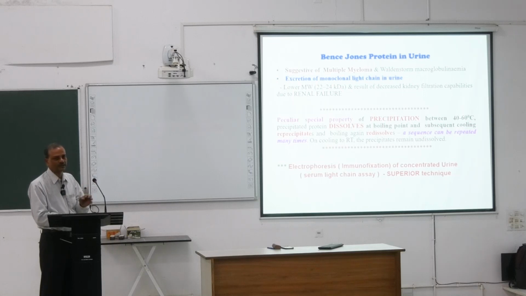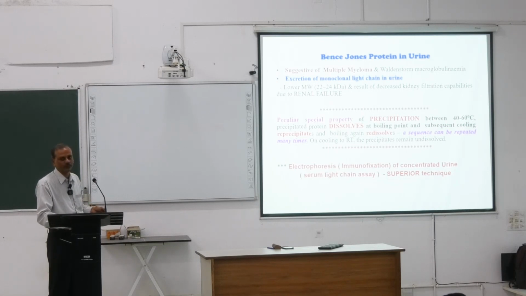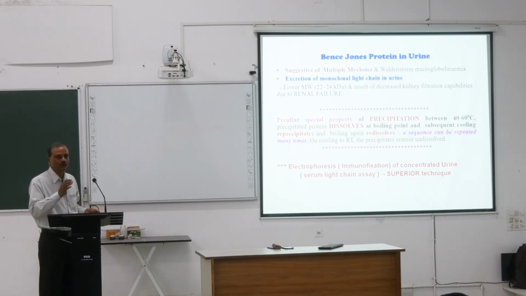Normally, when protein is heated, it coagulates at a high temperature, and once it is coagulated, no renaturation is possible. That is an irreversible process. But here there is a peculiar special property of precipitation at 40 to 60 degrees temperature, when the albumin doesn't get precipitated, but the protein redissolves at boiling point.